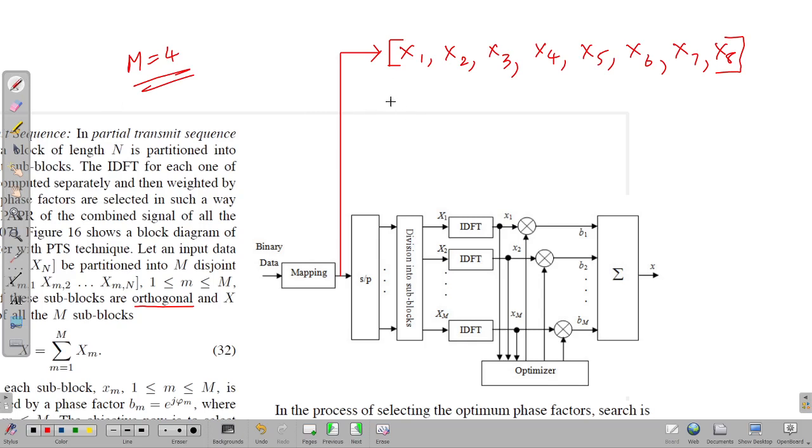So this whole sequence is x. The first subblock that I have here is x1. I have used the same convention here, but don't get confused. So let me write it with a different color. I have here x1, which is x1, x2, and the remaining all are zeros.